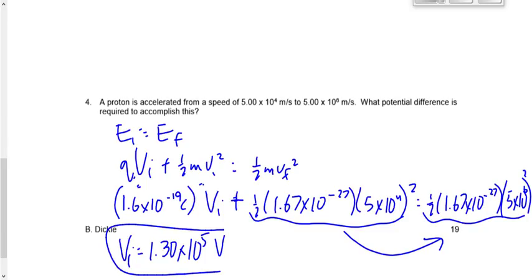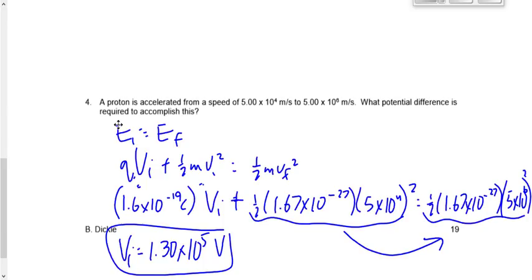Now, strictly speaking, I was looking for the potential difference. What did I find? The initial potential. But the final potential is 0. The initial potential is 1.3. Then the potential difference will be 1.3, right? We don't worry about a negative or anything there.